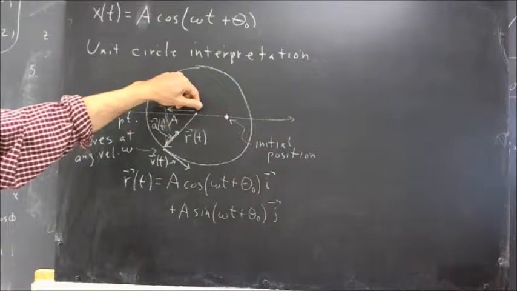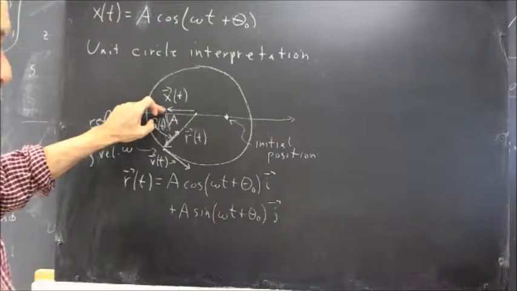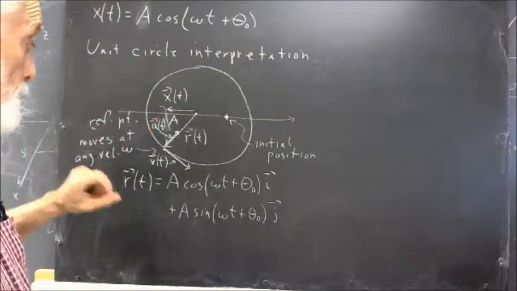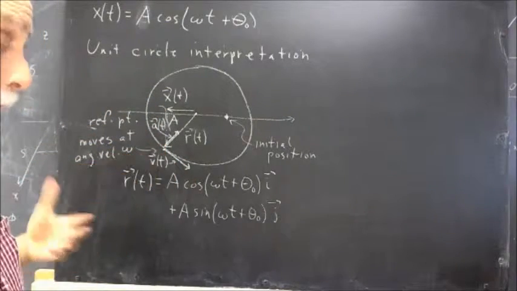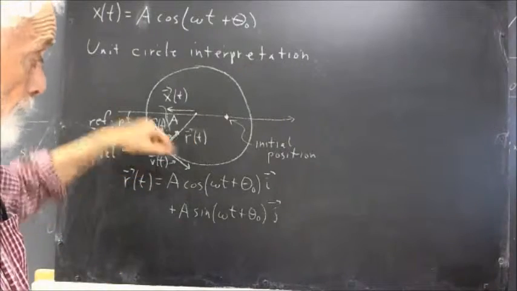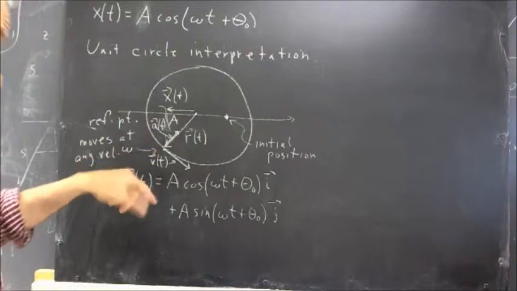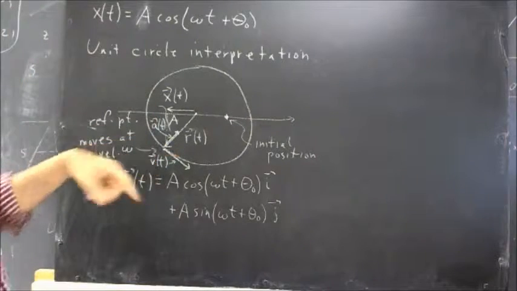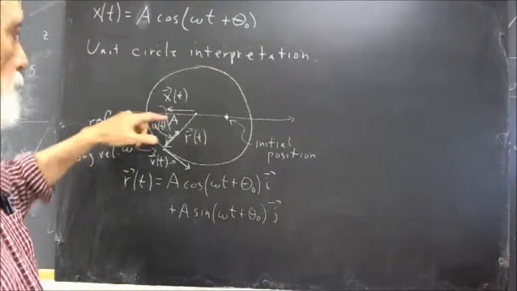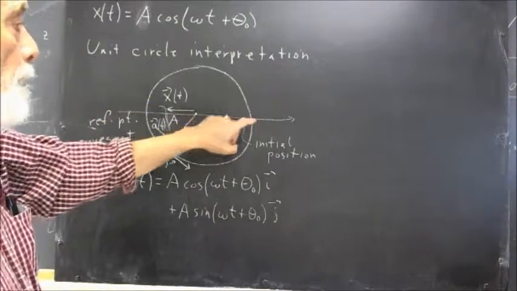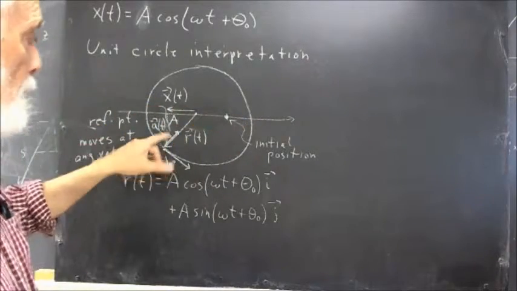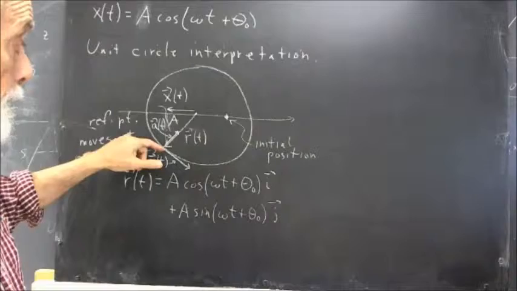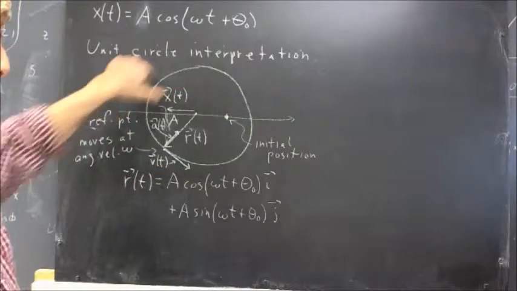So the main thing you want to see is the r of t vector with its projection onto the x-axis, x of t, and the v of t vector, and as we've seen before, that has an x and a y component, or an i and a j component, and the i component is going to be the velocity of a point on the x-axis that follows this reference point as it goes around the circle.